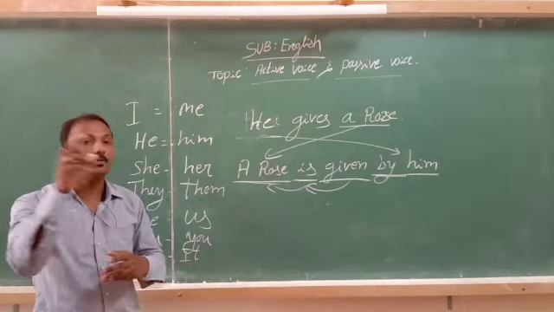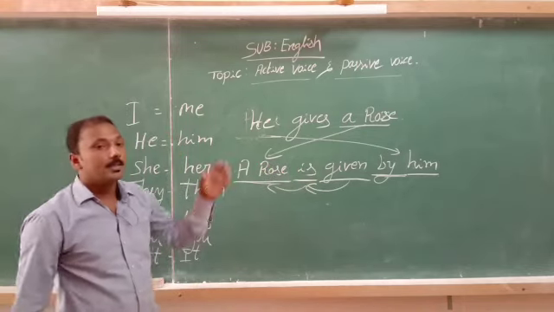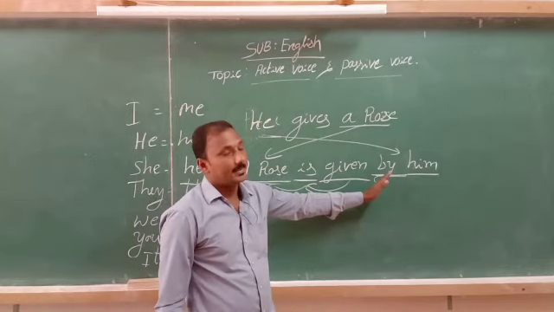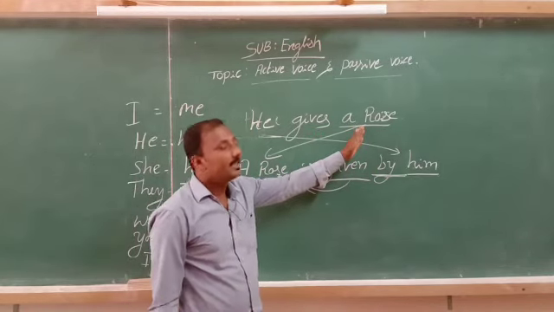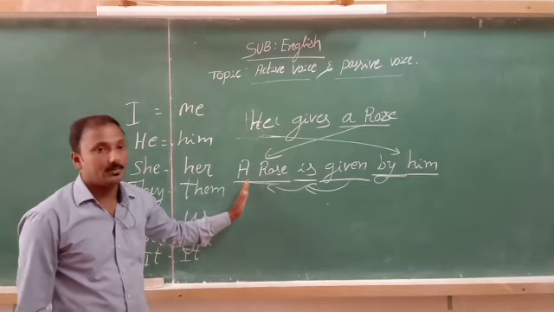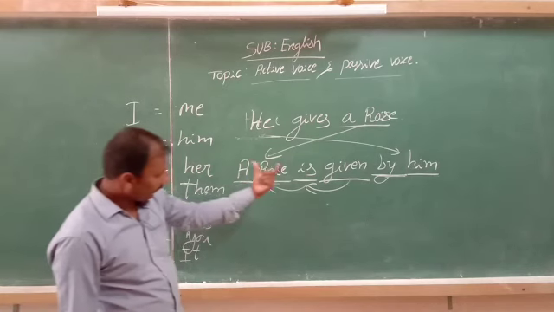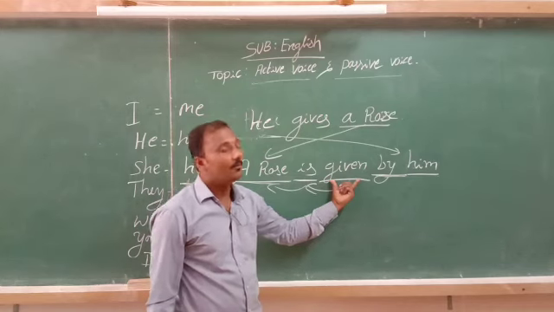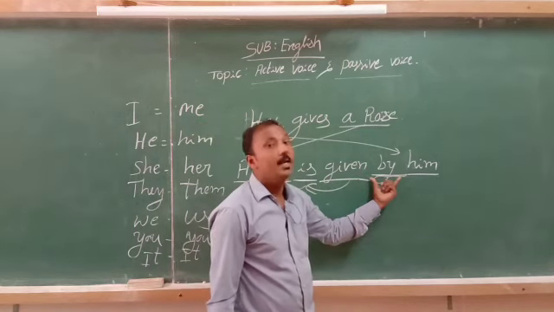Then we come again to the overall rules. The subject in the active voice becomes the object in the passive voice, and the object in the active voice becomes the subject in the passive voice. The main verb appears in V3 form or past participle form, and we use the passive agent by.